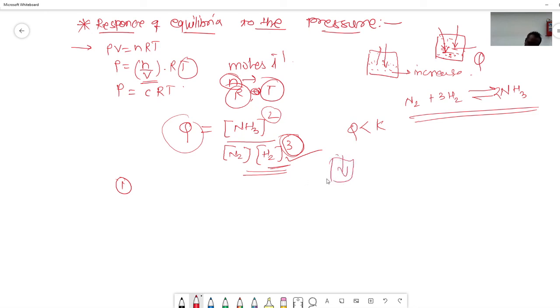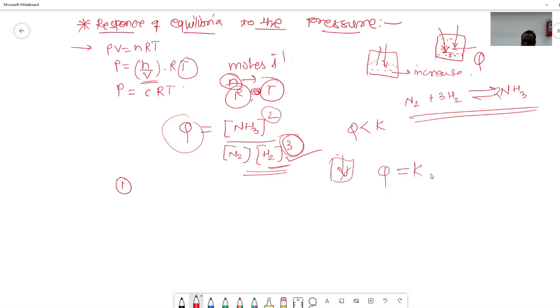If you increase the pressure, the reaction will shift in the direction which produces the smaller number of moles of gases, until Q becomes equal to K.